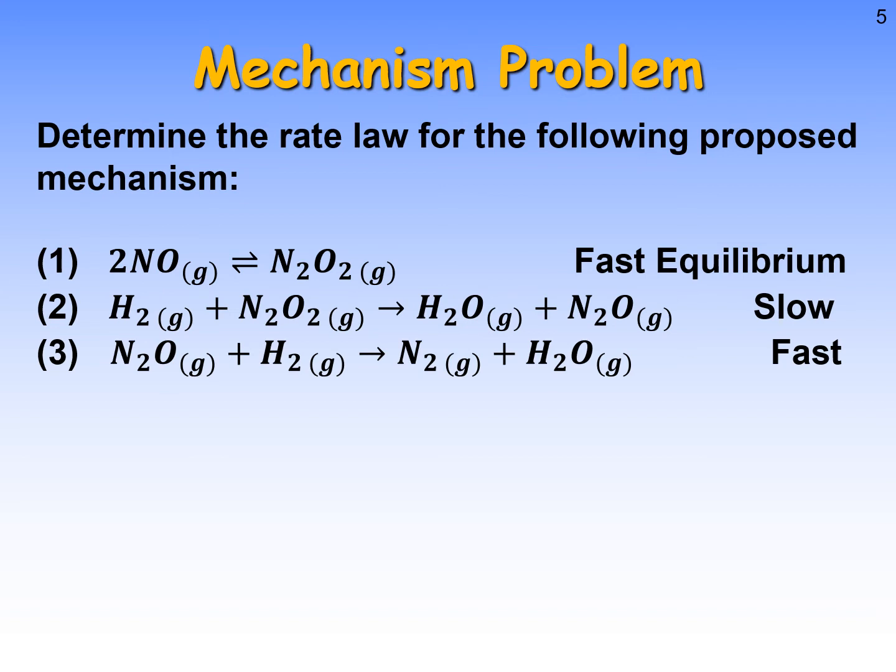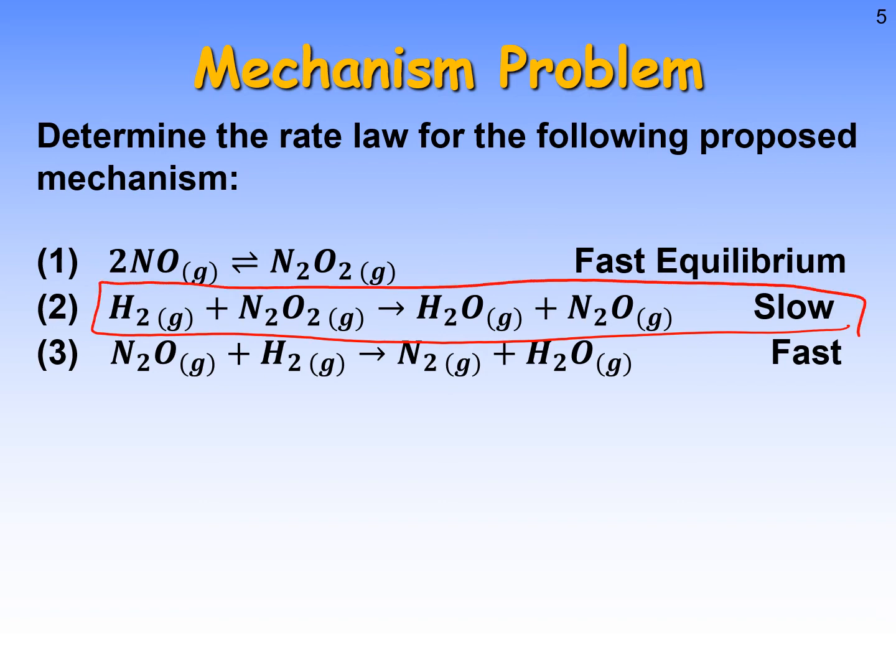So we have this three-step mechanism, and we want to determine the rate law for the overall reaction, right? Again, our slow step here is step 2. So the first place we're going to start is by writing out the rate law for step 2. Rate is going to be equal to k, we'll call it k2 because of the 2 here, times the concentration of H2 gas times the N2O2 concentration.